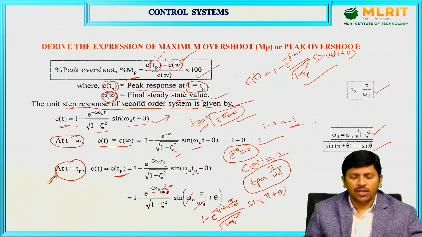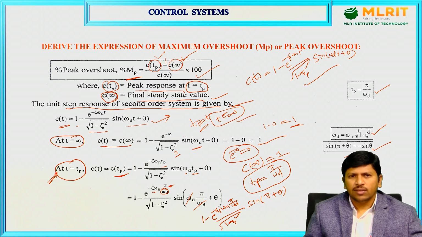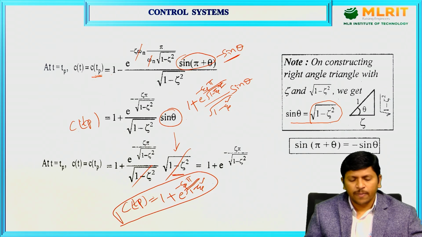Simply, we consider the definition and substitute t equals tp and t equals infinity in the second order underdamped response equation. By solving this we get the two equations.